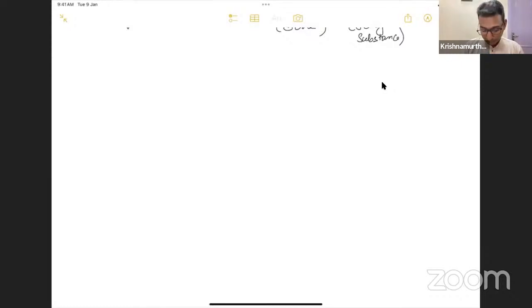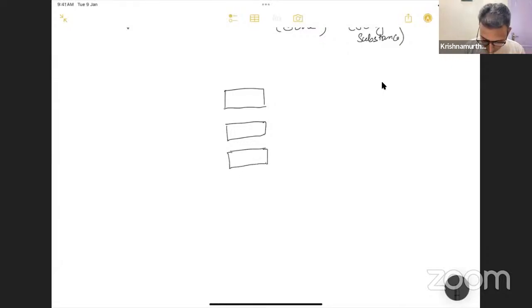Say now I have 1 vertebra. The nerves will come from here and here. At the top there is no nerve coming, and at the bottom also there is no nerve coming.